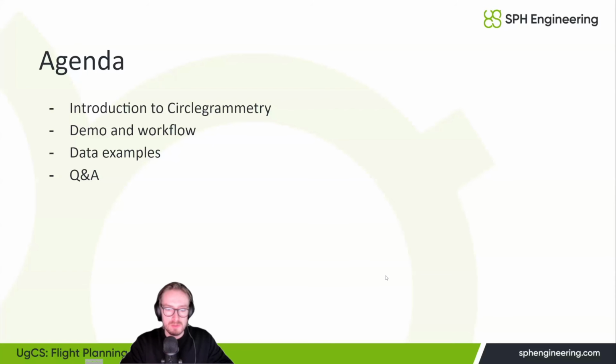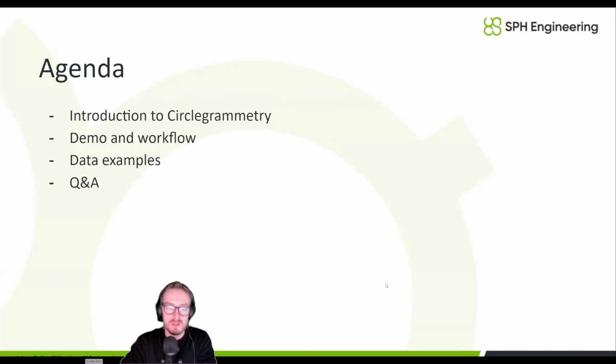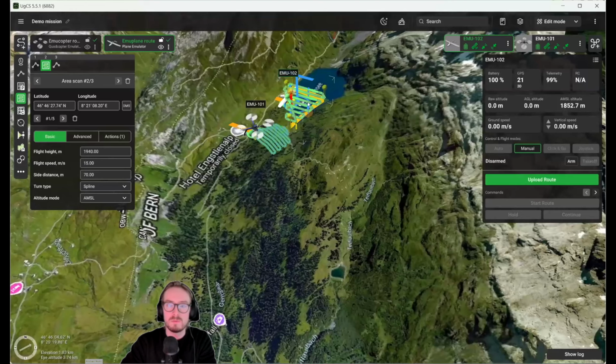I'll just quickly switch my screen share into UgCS so you can see that screen, and let's try. Okay, I think you should be able to see it. I know some of you are already experienced with UgCS. Some of you are probably new to it.